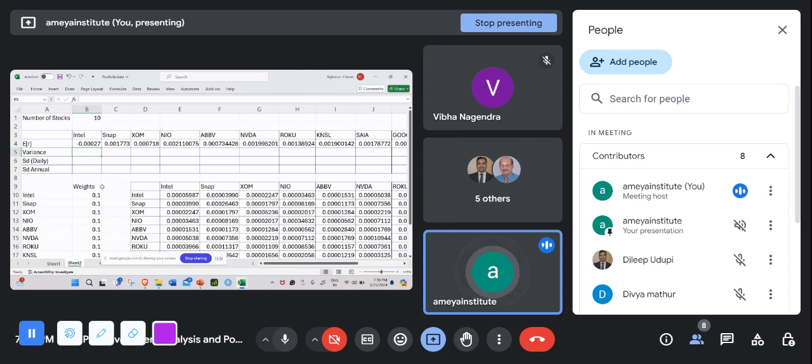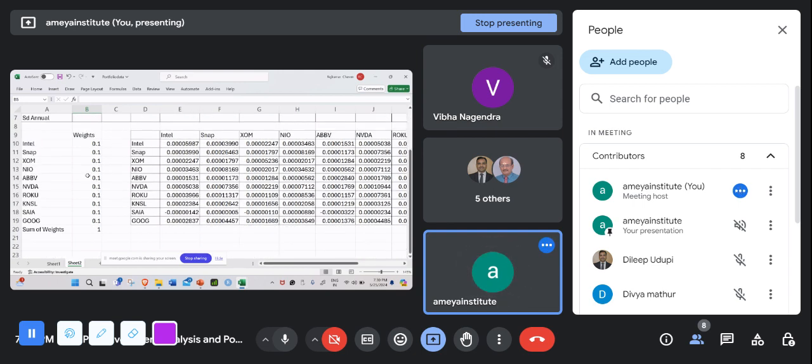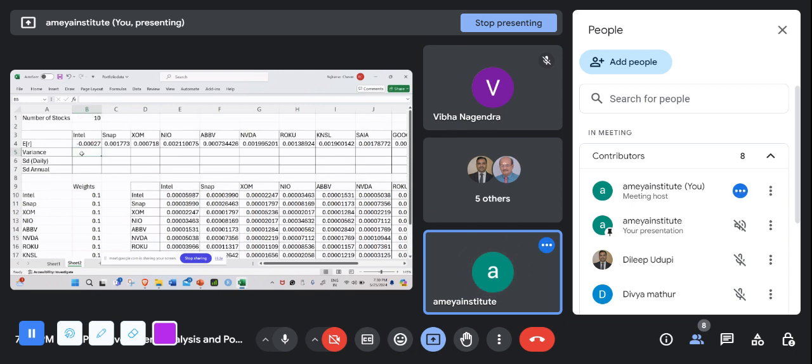So can we now calculate the variance here? We can calculate the variance here. So let's come to VAR.S. Come to this part and type the formula here, VAR.S, open the bracket.